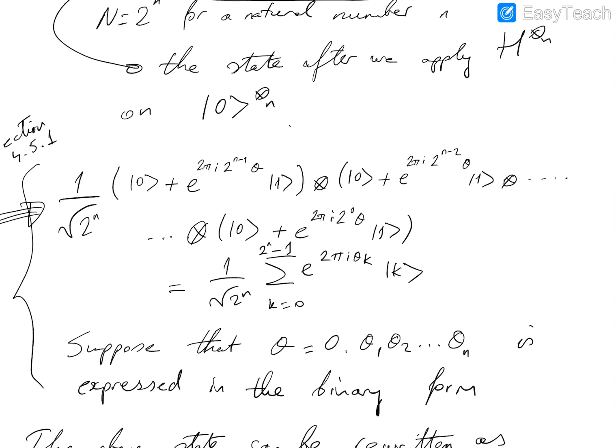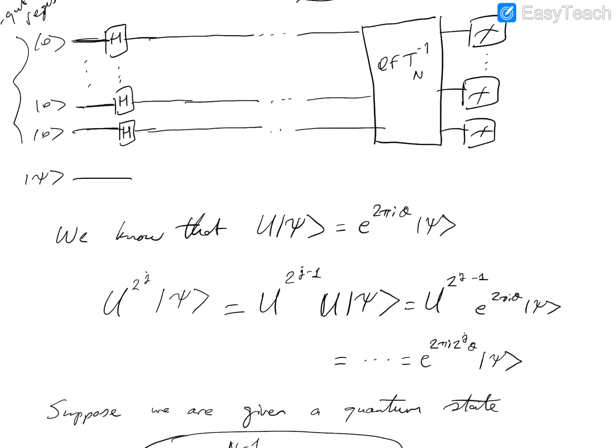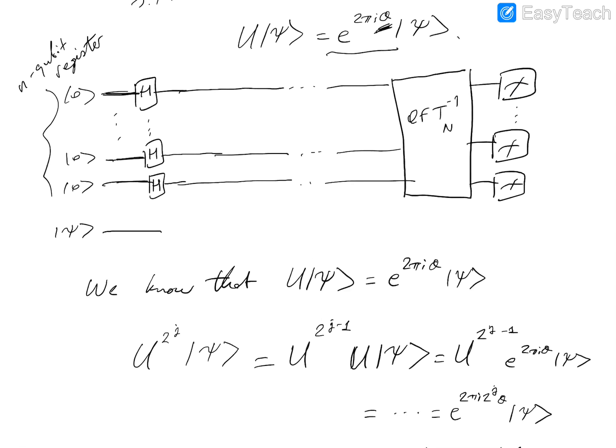And let me also complete the whole picture here. On the second register, we start with psi, and then we apply a controlled U gate. The last qubit in the first register acts as the control bit, and here we apply U to the power 2 to the power 0.